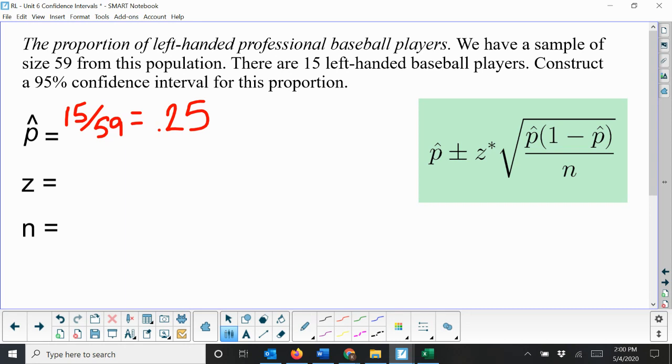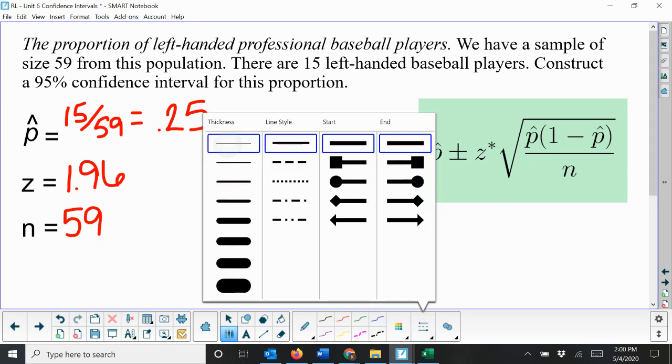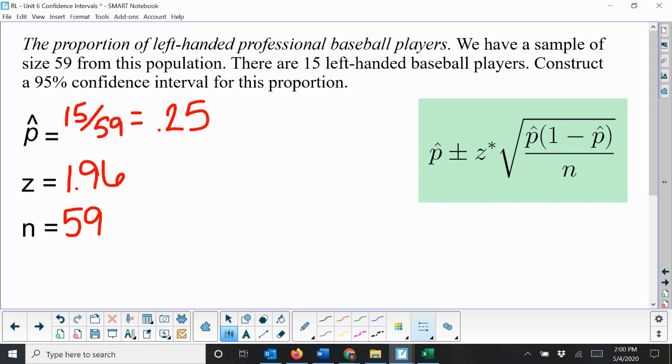The Z-score for a 95% confidence interval is 1.96. Our sample size, how many baseball players did we look at for this data? Well, it was a sample size of 59 baseball players. All right, so we are going to set this up into our equation here.